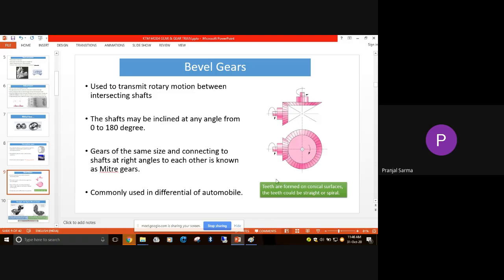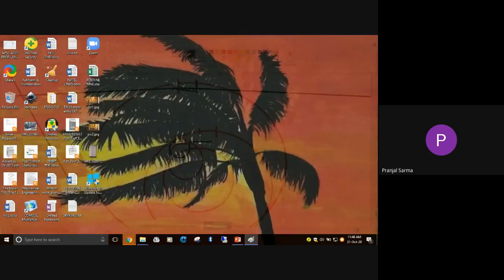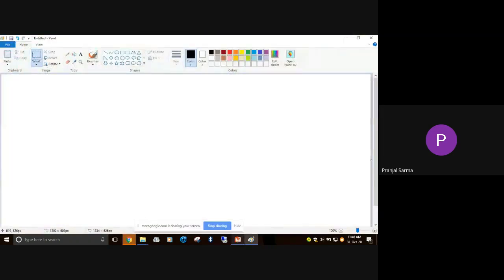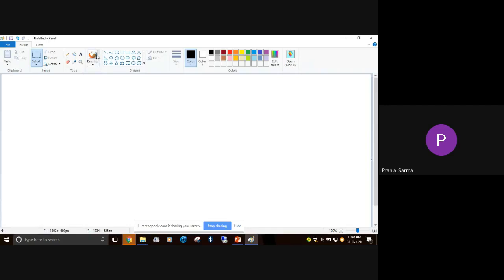They can be straight teeth or spiral, but the teeth are cut on conical surfaces, so it is something like this.